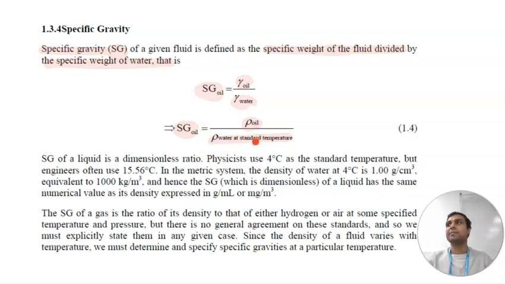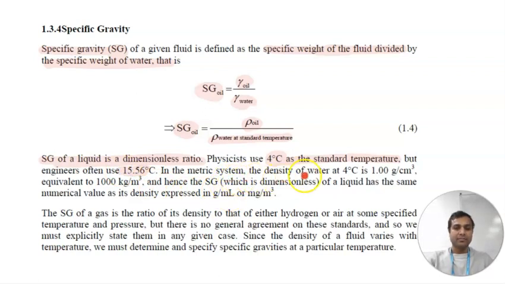Specific gravity is a ratio. So it's a dimensionless, unitless quantity. Temperature and pressure: in physics we take 4 degrees centigrade, but in engineering we take around 15 degrees centigrade.